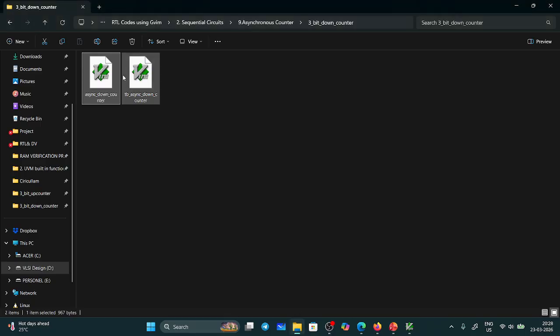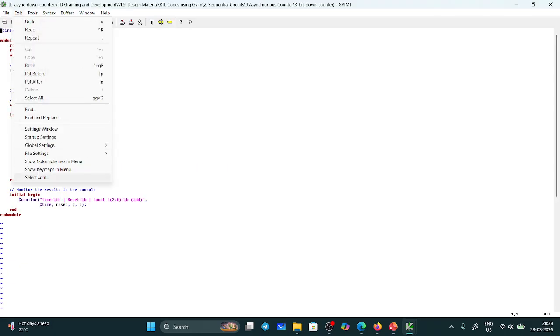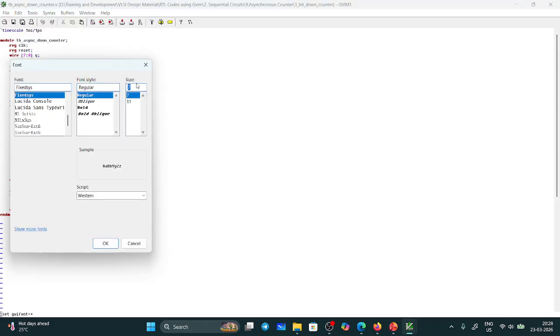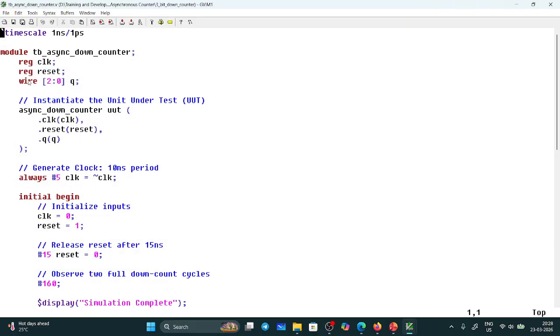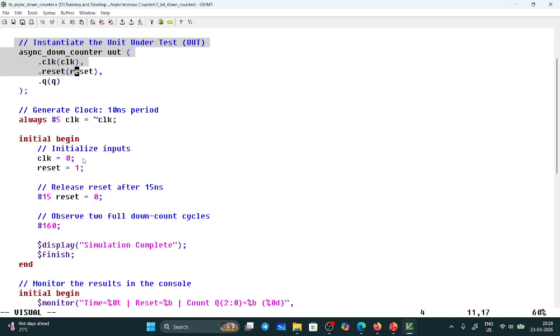So this is the down counter, and coming to the test bench, it is the same only. The only changes we need to make are in the design. Clock and reset I am declaring with reg data type, and the Q I am declaring with wire data type. I need to instantiate my design in the test bench: design name, instance name, connection by name, generation of clock, clock equal to not of clock, and the clock I am making as 0, initializing the inputs.